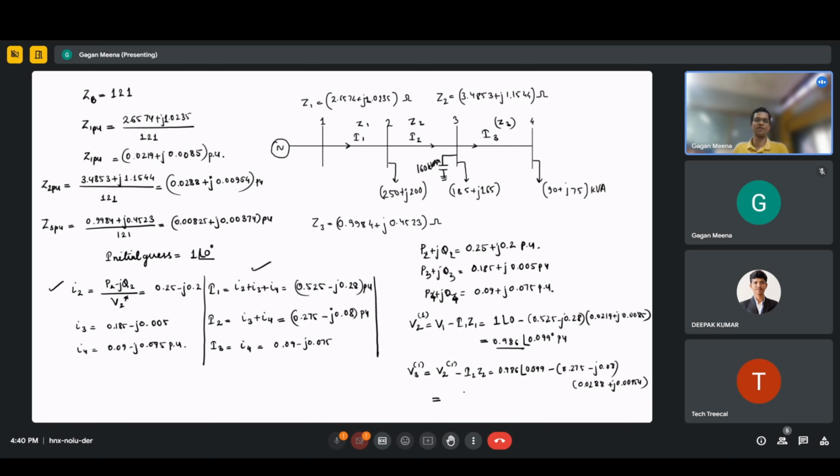So this is V3. Similarly, we can also find V4: V3 minus I3 Z3. So calculate these values.